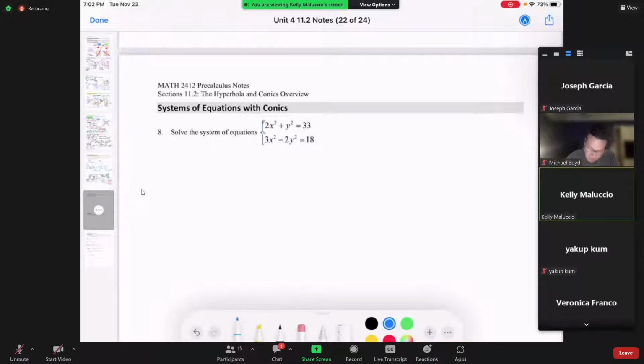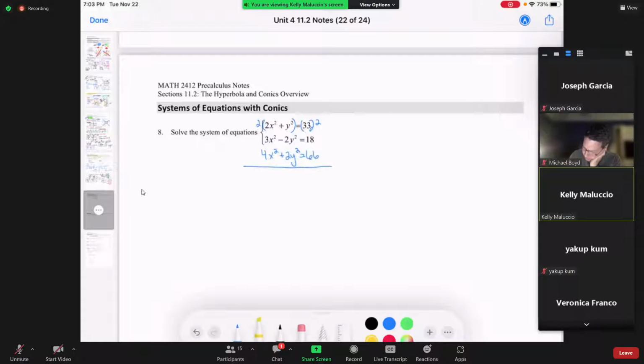So if I have equations like this and I want to solve this system, I can actually do elimination. You could do substitution, you could solve for y squared and then plug it into here, or you could do elimination by multiplying this guy by 2 and this guy by 2 and rewriting and getting 4x squared plus 2y squared equals 66.